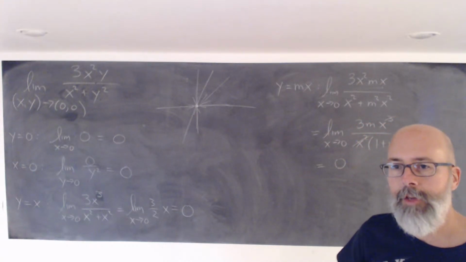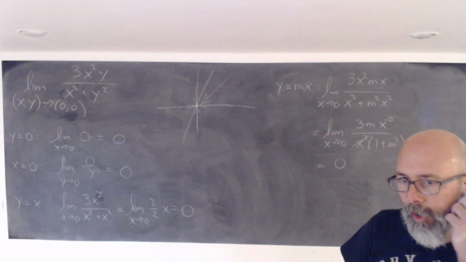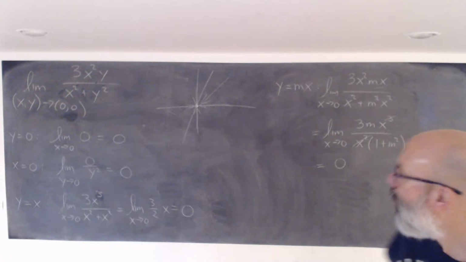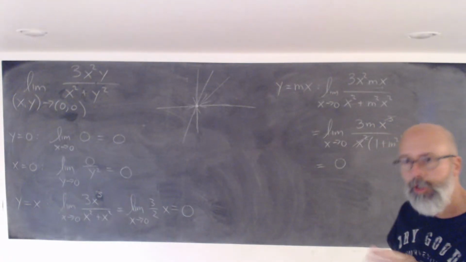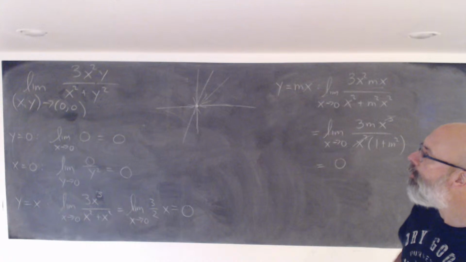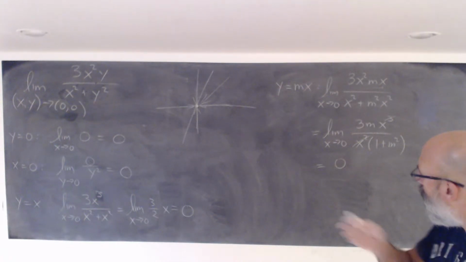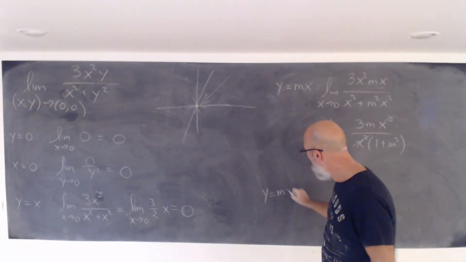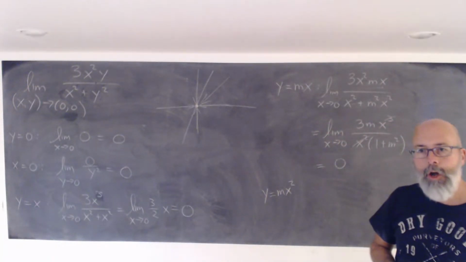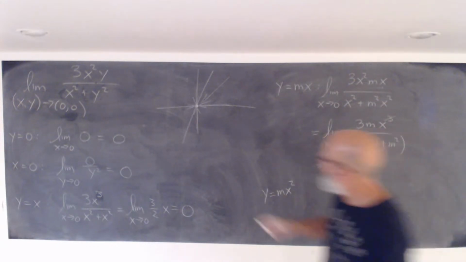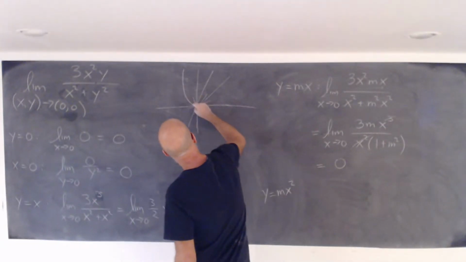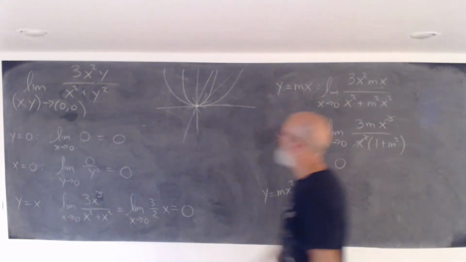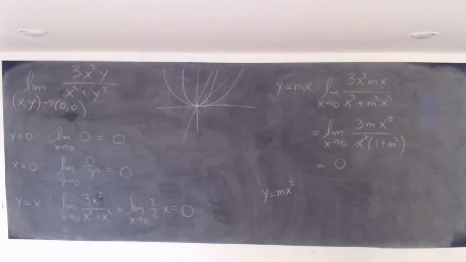Shen is suggesting the highest degree is in the numerator, and it's bigger than the degree in the denominator, so possibly the limit exists. It's a valid suggestion. Let's try one more path. Let's try all the parabolas, y equals mx squared. Depending on what m is, it's steeper or less.